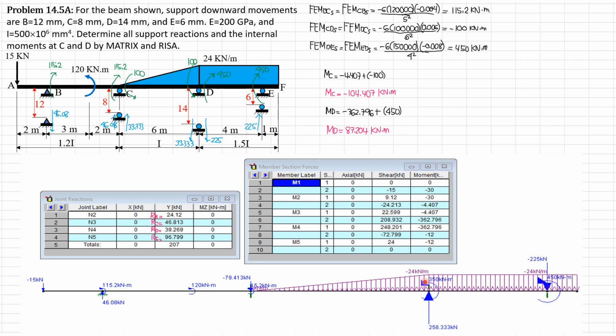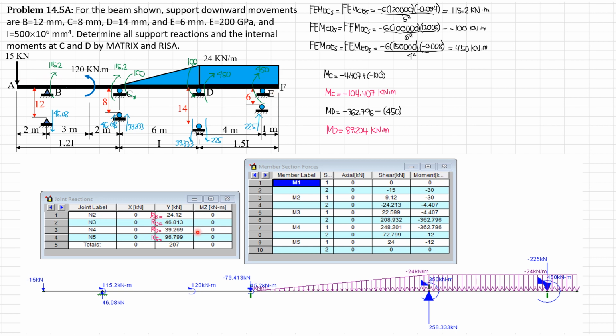So 350 kilonewton meter counterclockwise, and the loading downward, which is treated positive, 33.333 plus 225, that would be 258.333, opposite to these fixed end forces, so upward. Then finally at E, we have a couple of clockwise 450, so it is counterclockwise 450 here. Then 225 upward, so downward negative 225. And of course, this would be the original loadings.